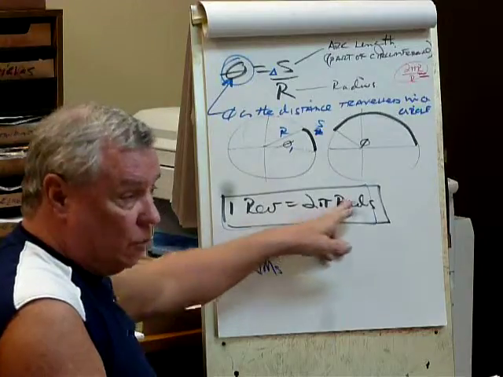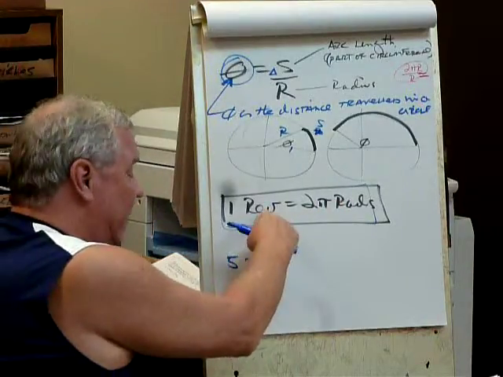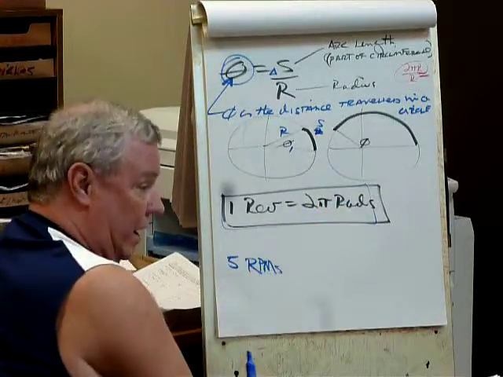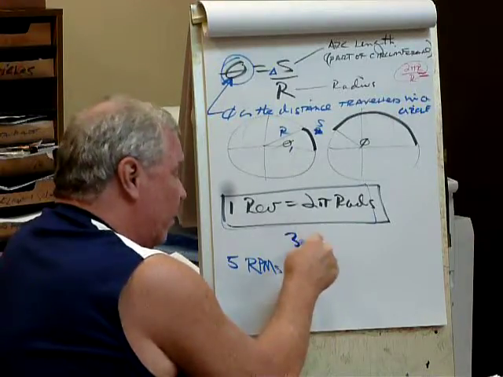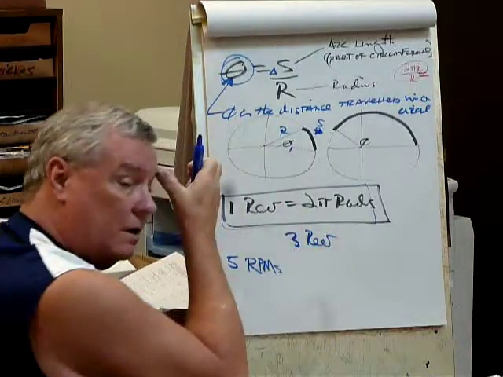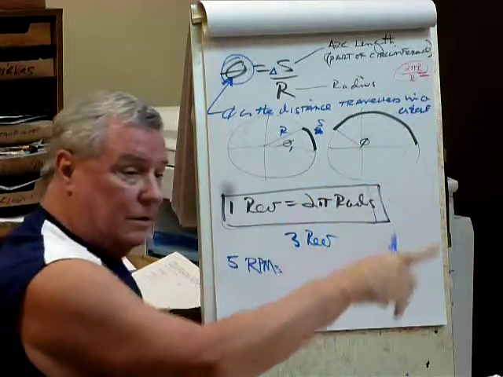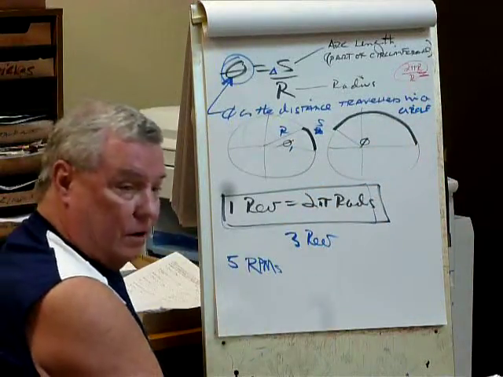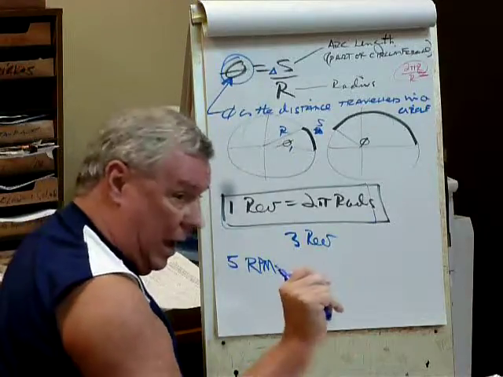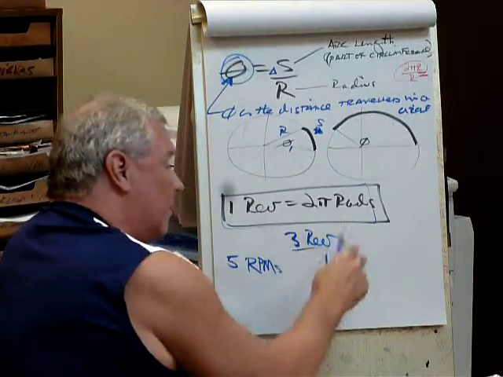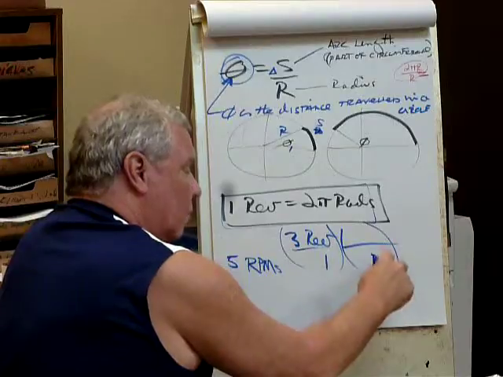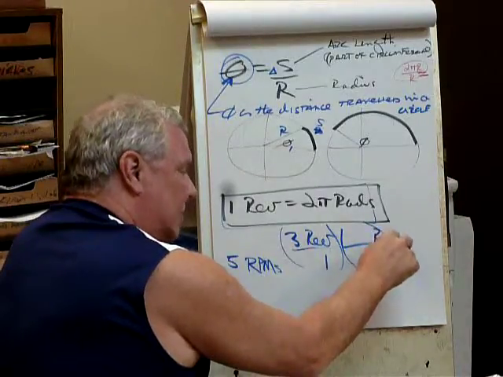Revolutions to rads. Turns out that 1 rev equals 2 pi rads. So if we had 3 revolutions, if something travels 3 times around a circle, then how many rads has it gone? 6 pi. So you just go revs over 1, dimensional analysis, revs in the bottom, rads in the top.